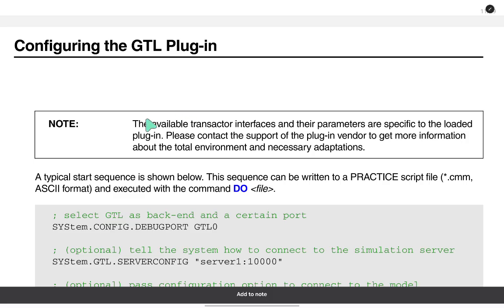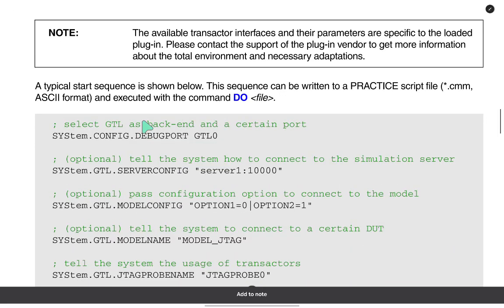A typical start sequence is shown below. This sequence can be written to the PRACTICE script file start.cmm, in ASCII format, and executed with the command DO file.